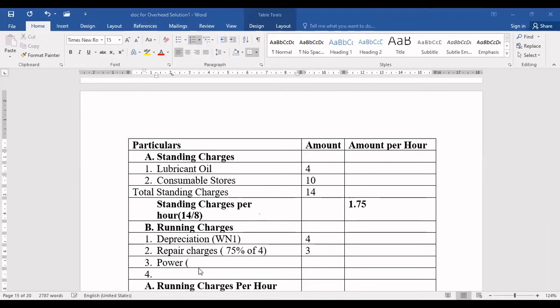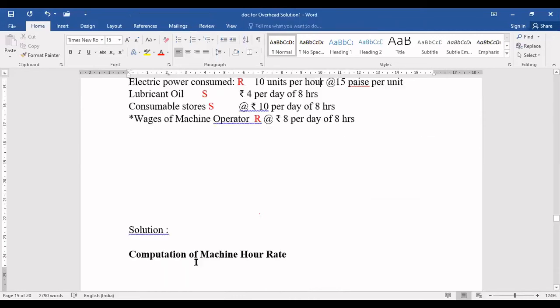They said for 1 hour, the machine needs 10 units. And what is the rate per unit? 15 paisa, which is 0.15. So if you multiply, you'll get the value in rupees: 1.5. Everyone got this? Yes, sir. Now, any other running charge we have?